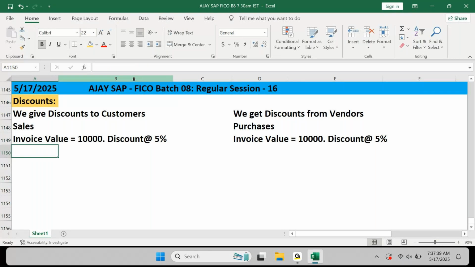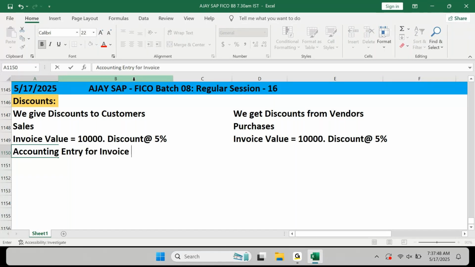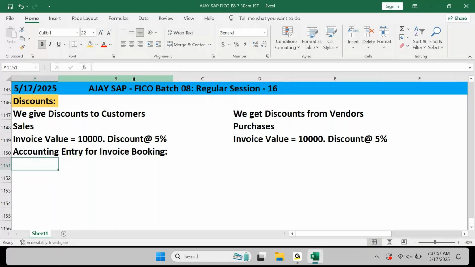Let's write the accounting entry for invoice booking. What will be the accounting entry for invoice booking if it is a customer invoice for 10,000? Customer debit, sales revenue credit.